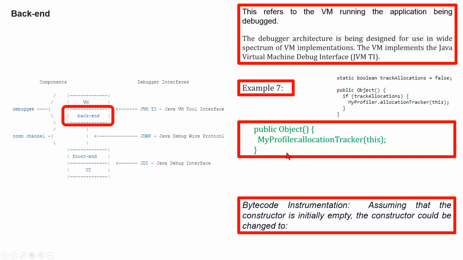A refinement of this would be to delay invoking the tracking method until safe. For example, trackAllocations could be set in the handler for the VMInit event. The SetNativeMethodPrefix allows native methods to be instrumented by use of wrapper methods.